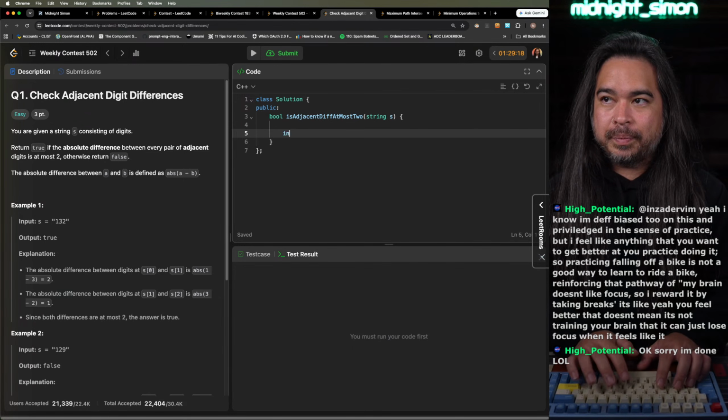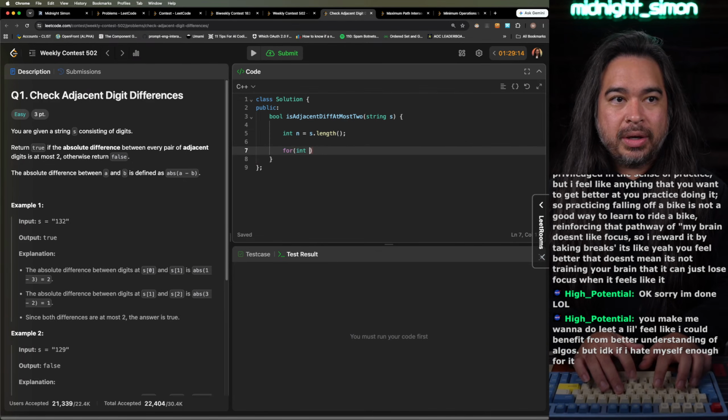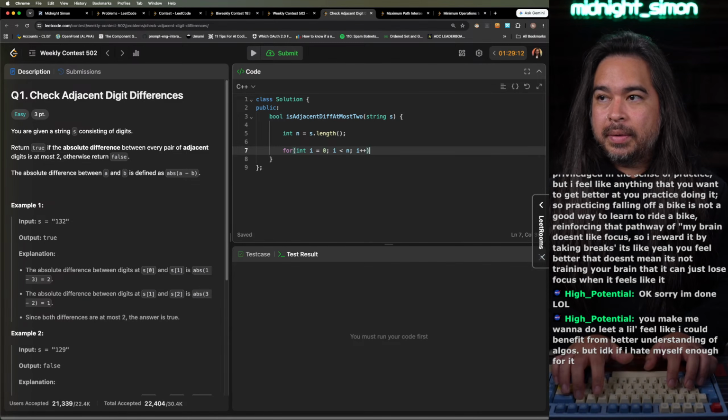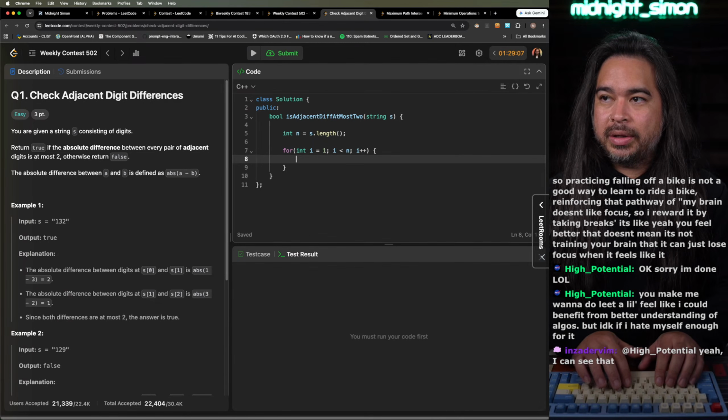So, I guess I'll just go through each pair. And I guess we can start at index i equals 1.